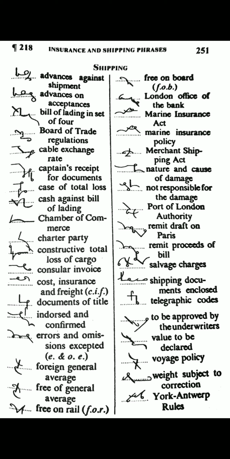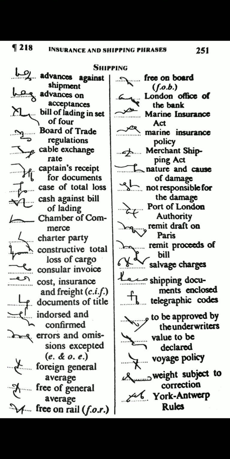Case of total loss. K S circle T on the line, another tull for total, and upward L with S circle for loss. Cash against bill of lading. B through the line, L upward, D and G for bill of lading, intersecting here with K at the beginning for cash.